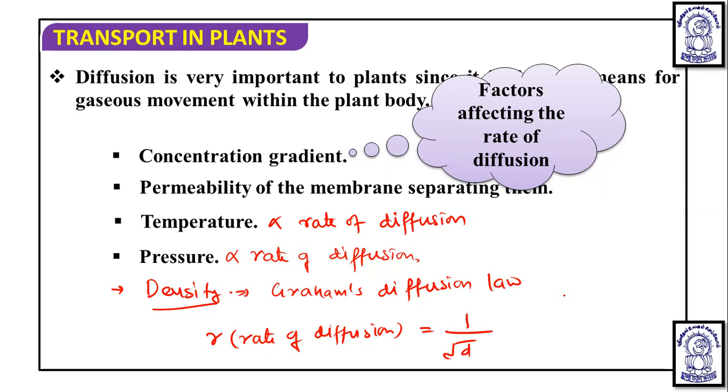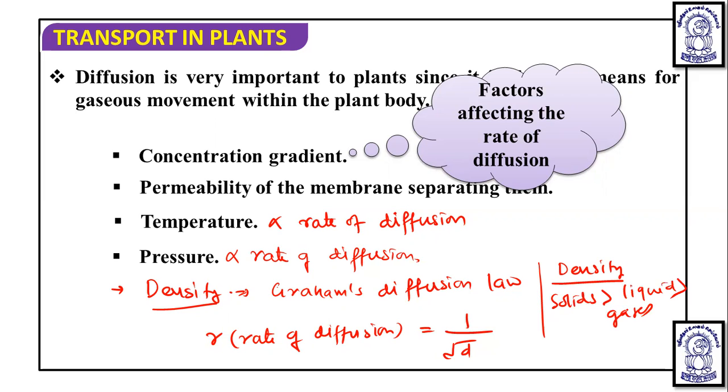And if we talk about the order of density, then we know that solids are denser than liquids and liquids are denser than gases. So the density of solids is more than liquids and liquids is more than gases.